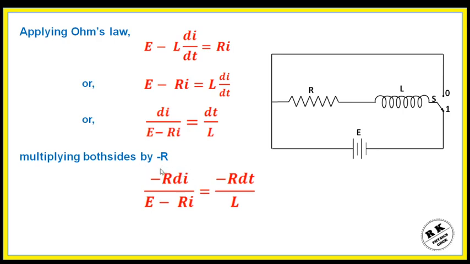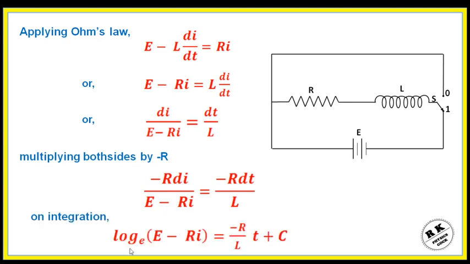On integration, dx by x becomes log x. So we can write this equation as log of E minus Ri is equal to minus R by L times t, because the integral of dt becomes t, plus some c, which is an integration constant.